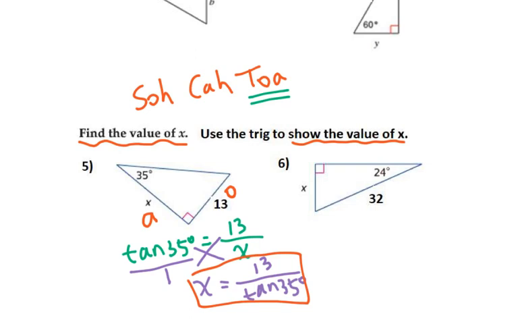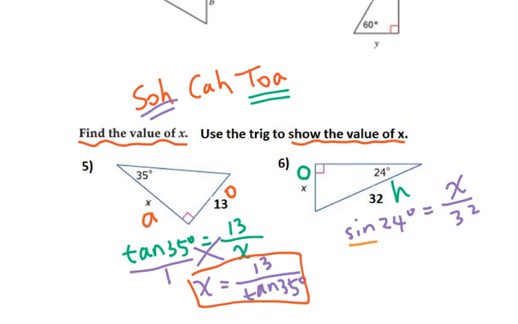For number 6, for this right triangle with a given opposite side and a hypotenuse side, that means sine 24 degrees equals O over H, which is x over 32.